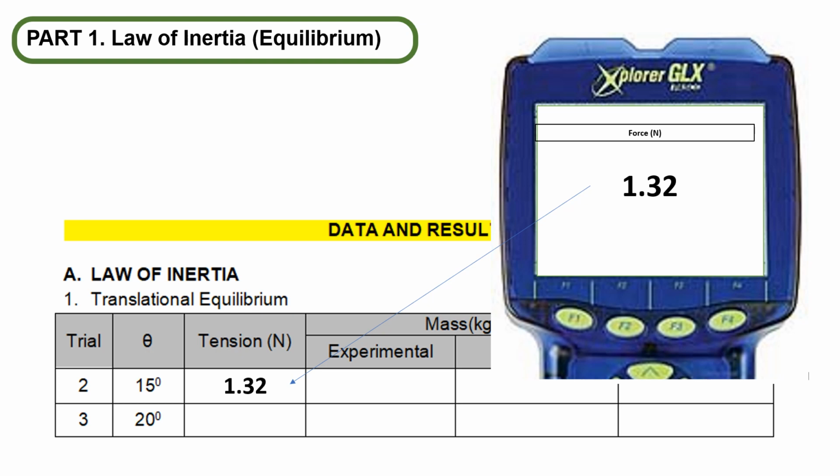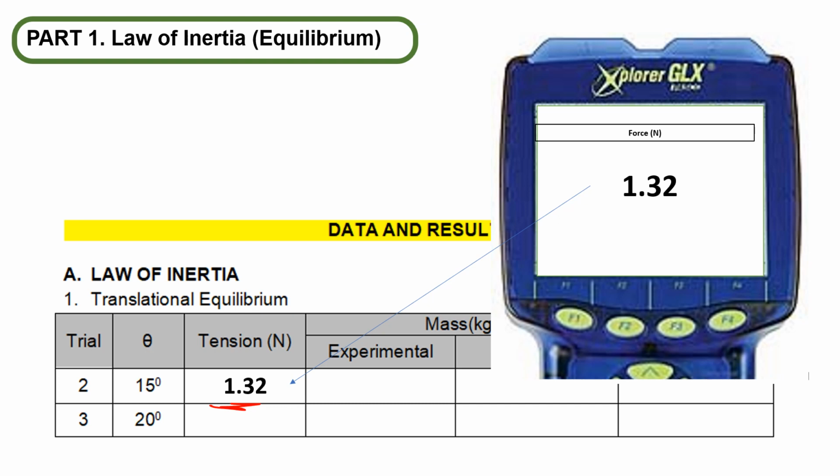We just have to place the reading of the force sensor on the column for the tension. On the second column, we have the angle, 15 degrees and 20 degrees, so we need to change the angle of the dynamics track from 15 to 20. We start at 15 degrees, where the reading for the tension is 1.32.